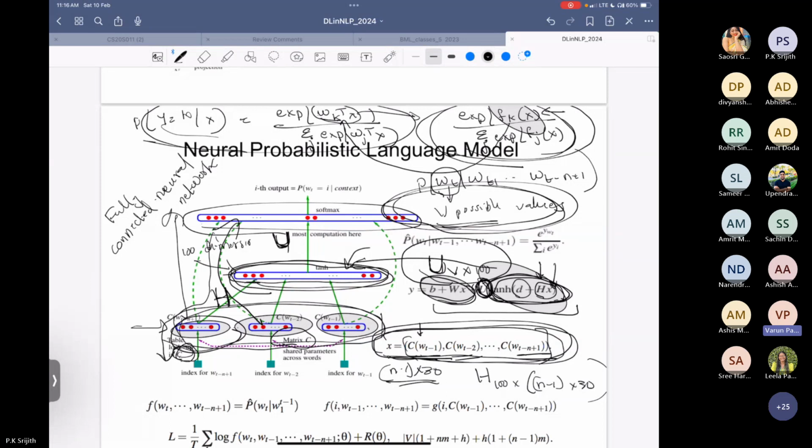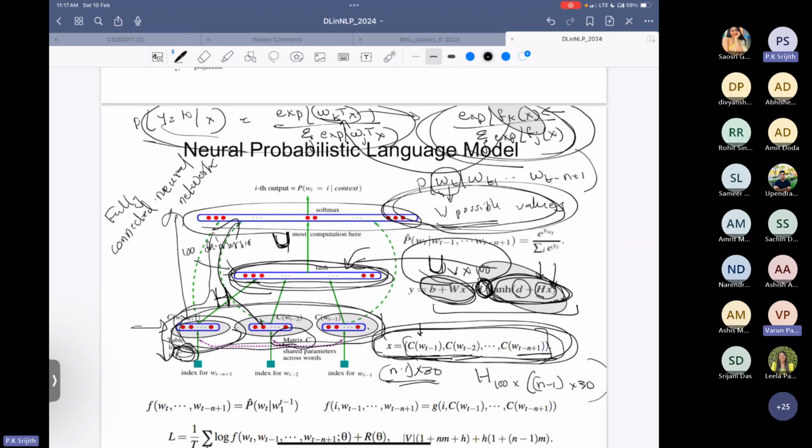Sir, can you explain once again the dimension part? The input is each word as a 30-dimensional vector. Then we are applying the C matrix to it. After applying the C matrix, you will get, let's say, a 30-dimensional representation for each word.